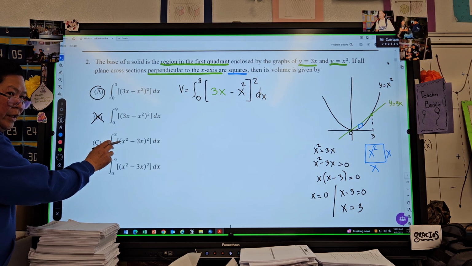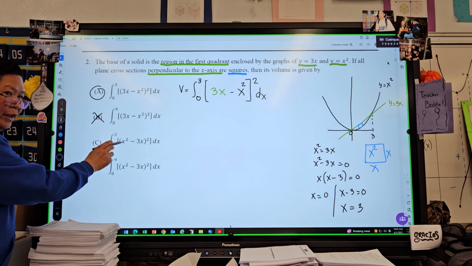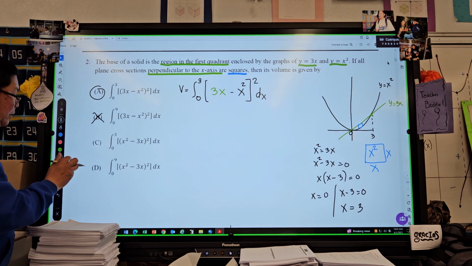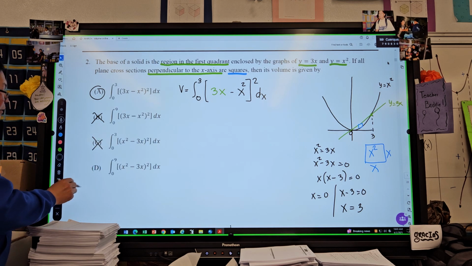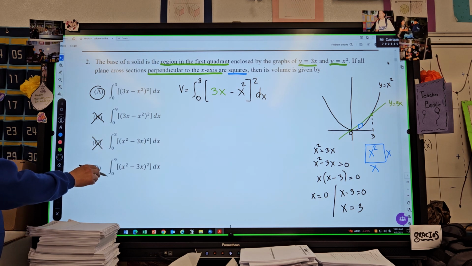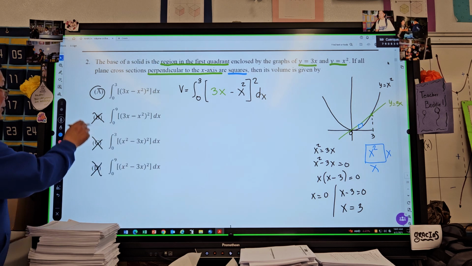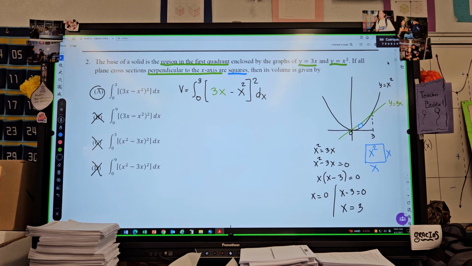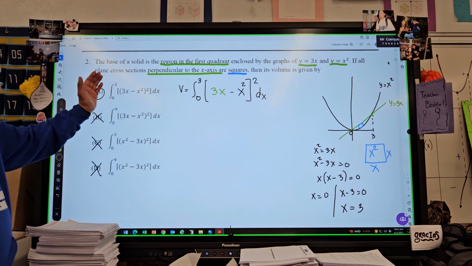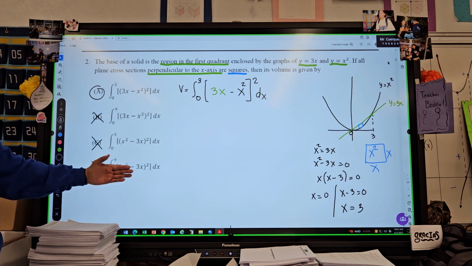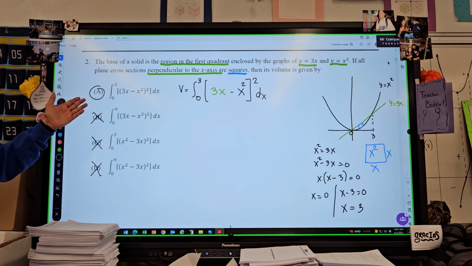No, this is black, the x squared, so cross this out. Also this one, because the limit is from 0 to 9. Even if we don't write it out, just by looking at the graph, boom, you can see this is the right answer. Test taking strategy, process of elimination.